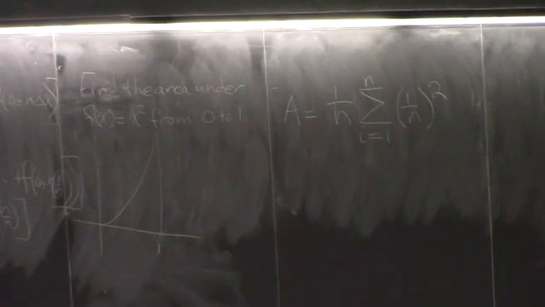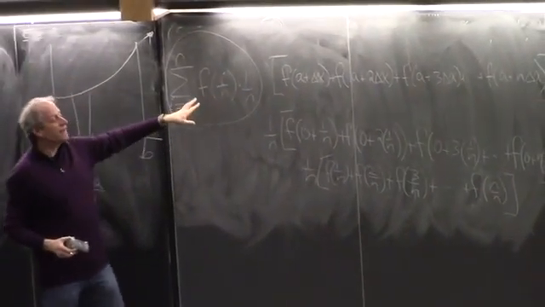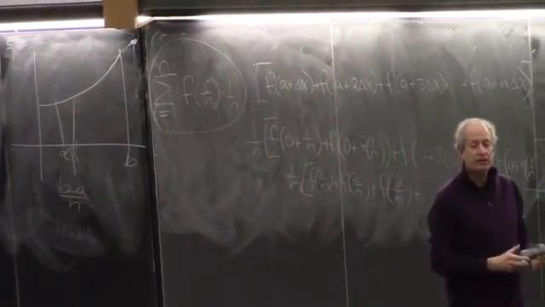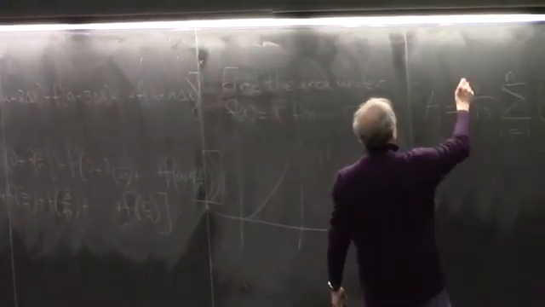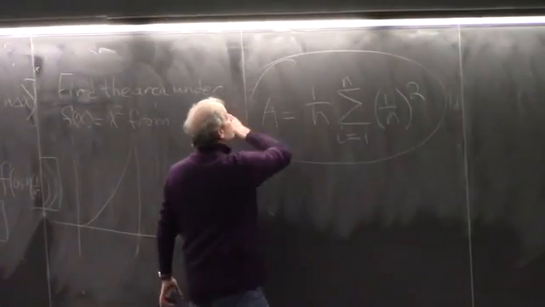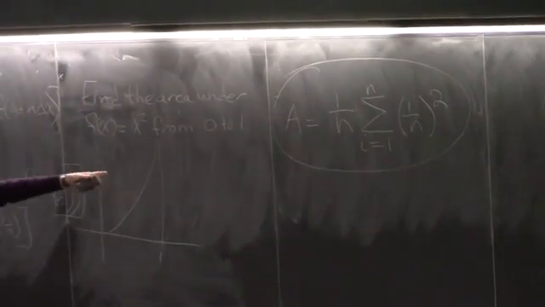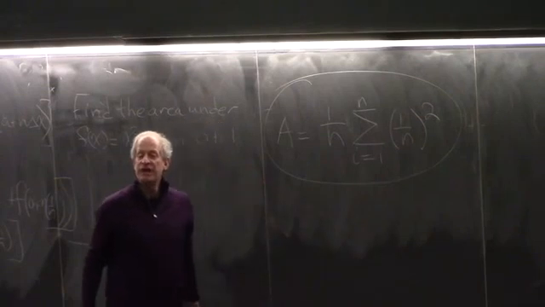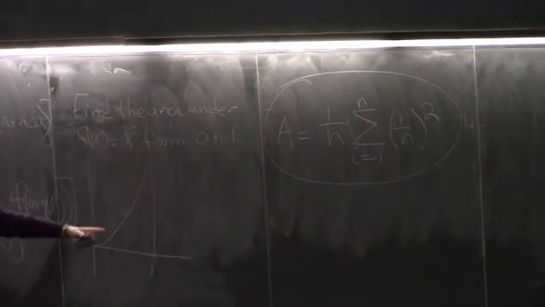Since it doesn't have any i's in it, when I plug in i, it's not affecting this at all. And f of x is just x squared, so 1 over n squared. So if I had sine of x, that would be sine of 1 over n. If I was finding the area under e to the x, that would be e to the 1 over n, if I was going from 0 to 1.